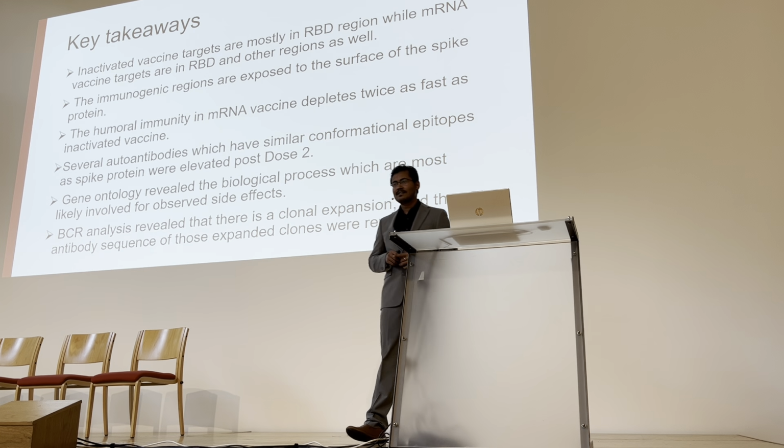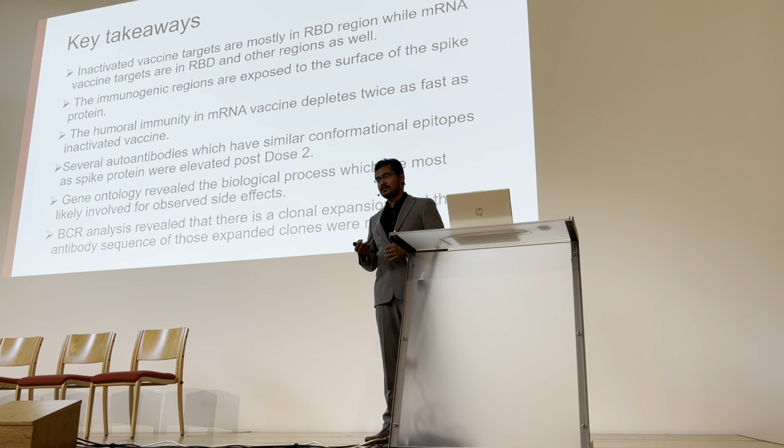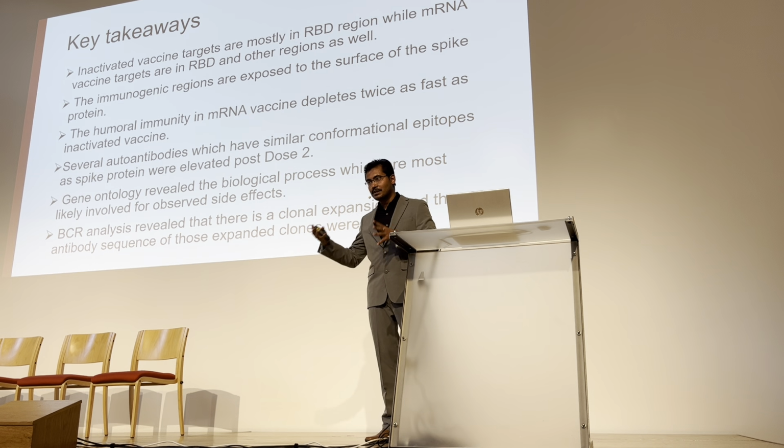Yeah, I think that's a very important insight, and I feel that can be one of the reasons why the strength initially is higher, and because it's a fragment of the protein and not the complete protein, it fades away faster. Yeah, that's a good insight.